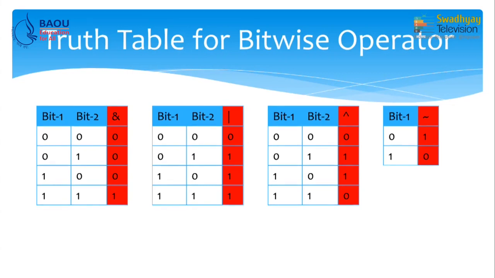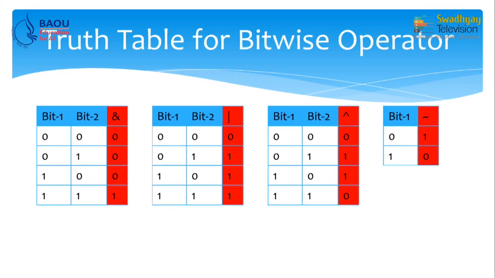In case of exclusive OR, if the bits are the same, we return 0. Here 0 and 0 are the same, so we return 0. Likewise, in the last case we have 1 and 1, both bits are the same, so again we get 0.